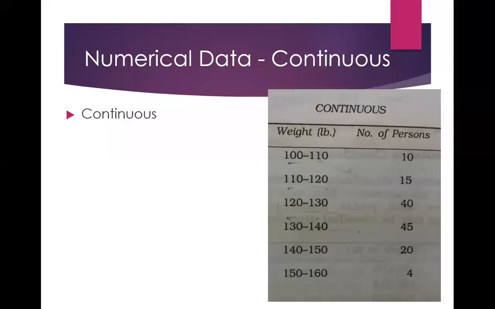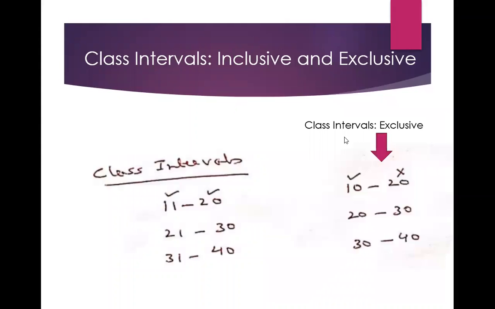In this situation, in the first class interval, the observations are from 100 to 109.999. Any observation of 110 will be included in the second class interval. It will not be included in the first class interval. So you exclude the upper limit of the class interval in this situation. Hence, it is known as an exclusive type of class interval.